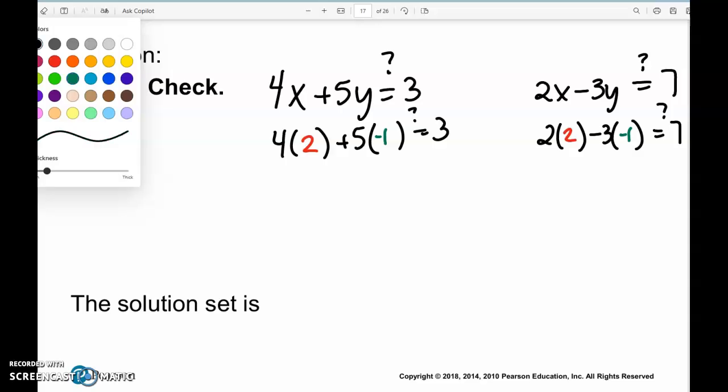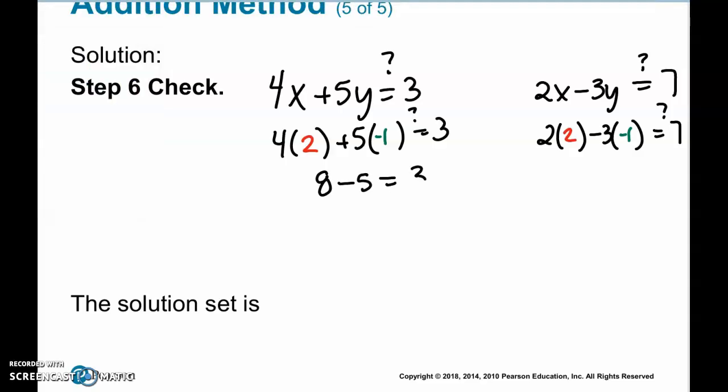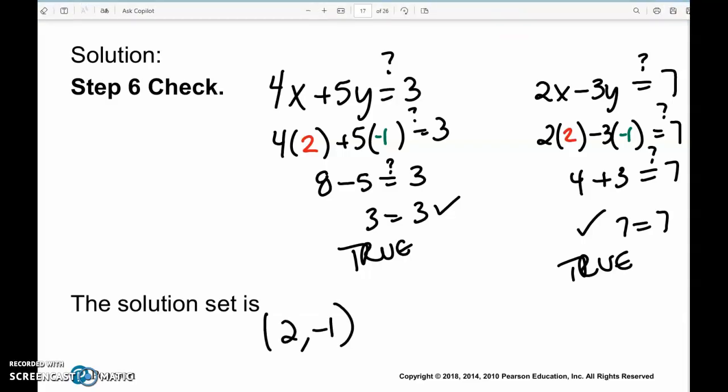Now let's check. Are the two sides equal? 8 minus 5, does that equal 3? Yes. So it works here. Does 4 plus 3 equal 7? Yes. 7 is equal to 7. It works here. So since it's true for both, the proposed solution is the ordered pair 2, -1.